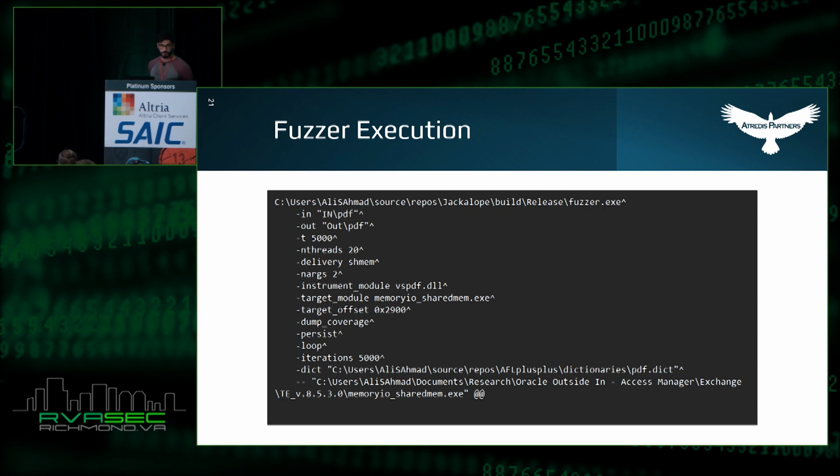Next, the persistent or persist flag. That's for persistent fuzzing, which we talked about earlier. Loop will keep calling our function and restoring the register states. And iterations is how many times our corpus gets modified and how many times the target function is called before restarting the application.